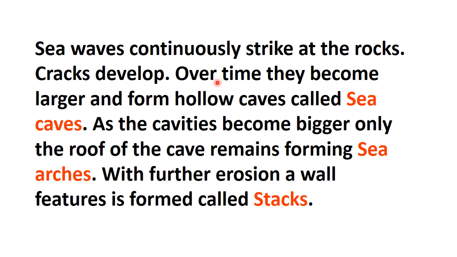With further erosion, the roof of the sea arch breaks down and forms a wall-like feature which is called a stack. And with further erosion of the stack, only a small portion of the rock remains, which is called a stump.